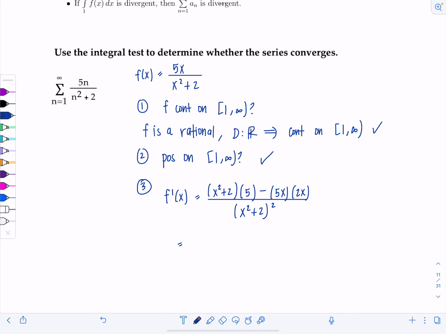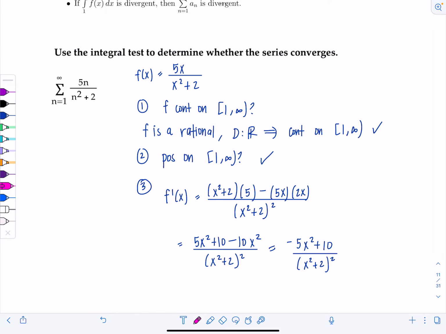So this is going to be 5x squared plus 10 minus 10x squared over x squared plus 2 squared. So what do we have up top? Negative 5x squared plus 10 over x squared plus 2 squared. So I know the denominator is always positive.